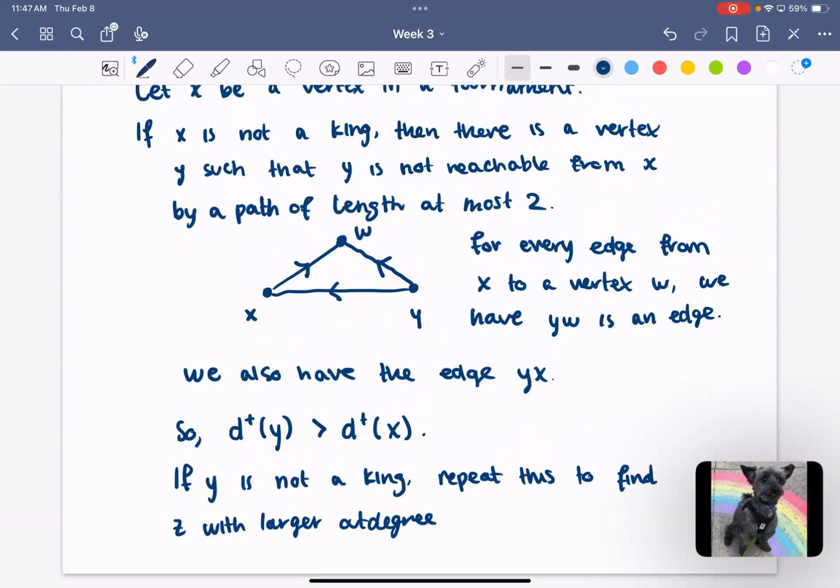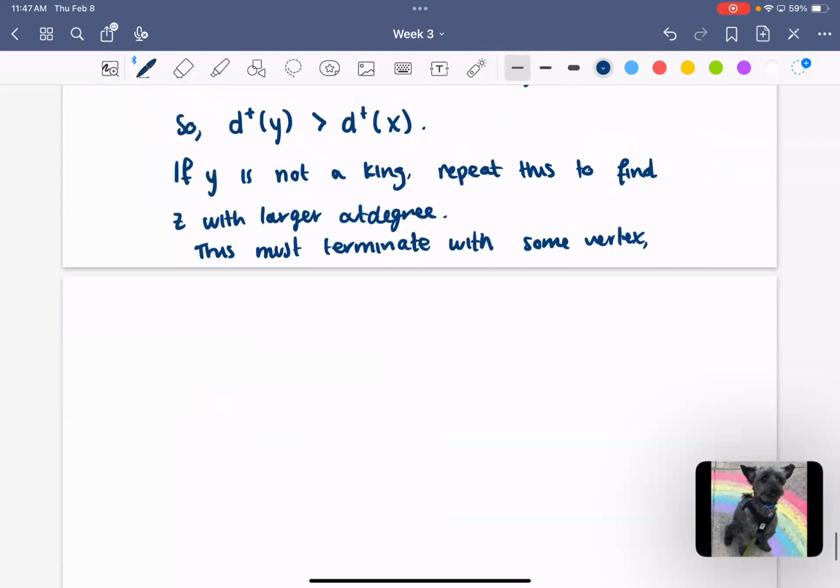And this has to terminate because the graph is finite, at which point we've found the king. And that finishes the proof. Are there questions?